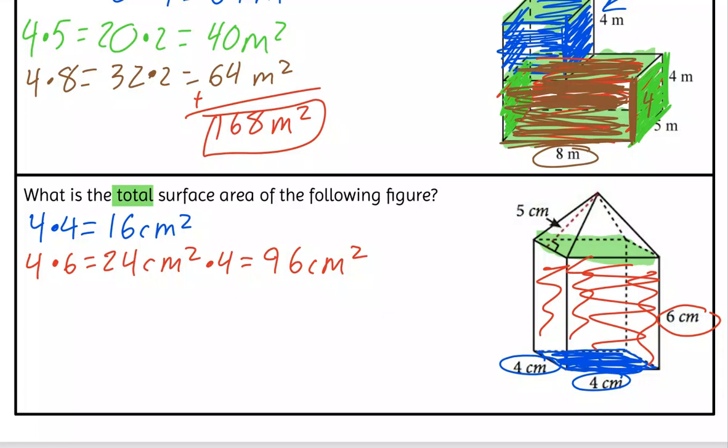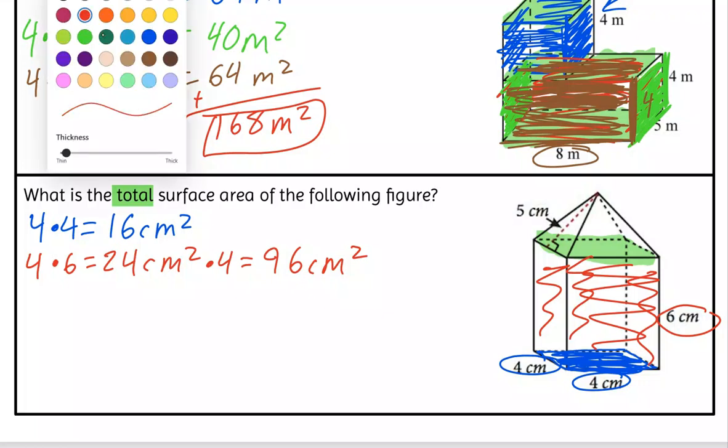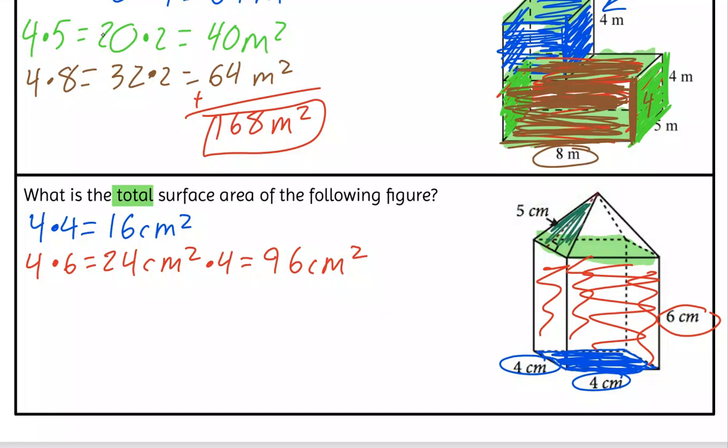So now we're almost done. All that's left to do is to come up with the area for all of these triangles up here at the top. So we know that all of the heights here are 5. We know all of the bases here are 4.